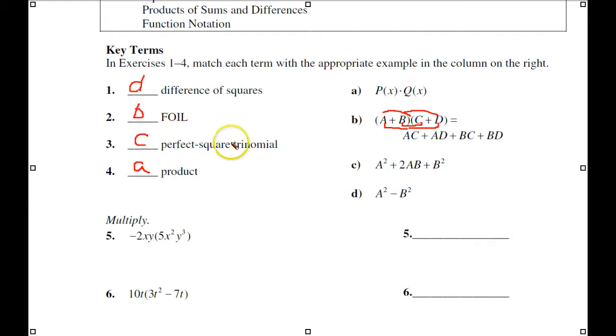Now for number 3, when the first term is squared and the last term is squared, and then you have double, as you see here, this is called a perfect square trinomial.